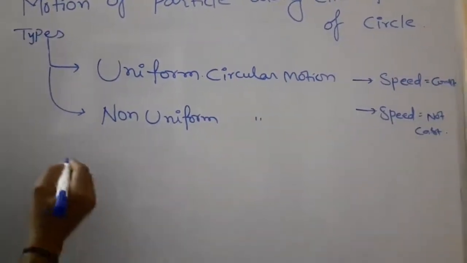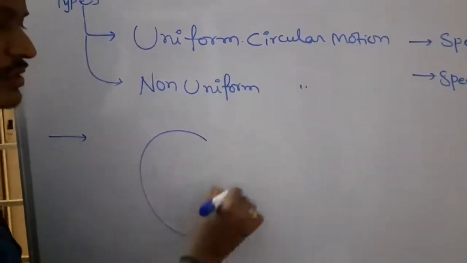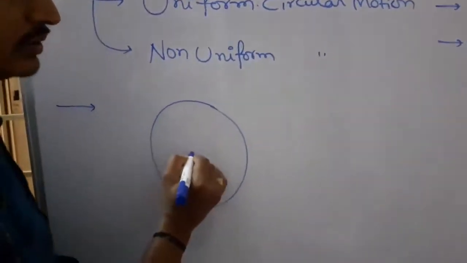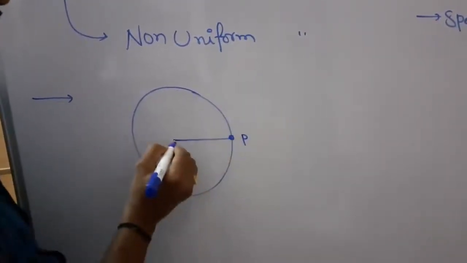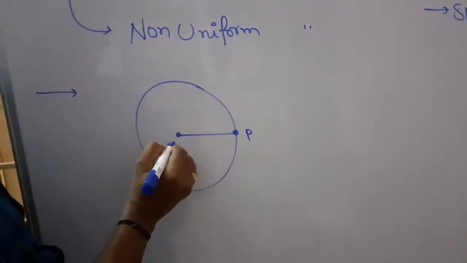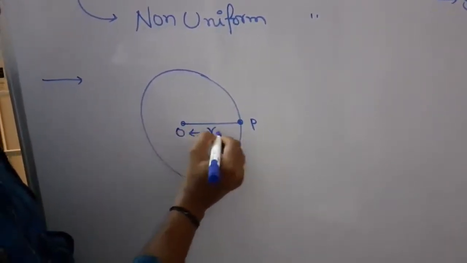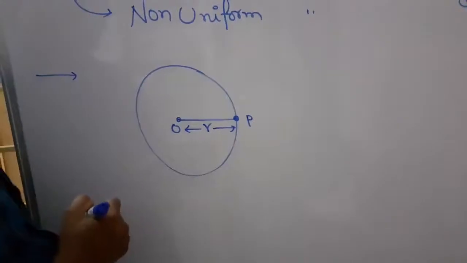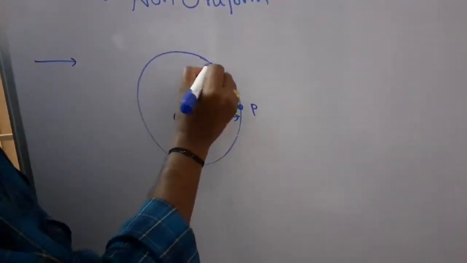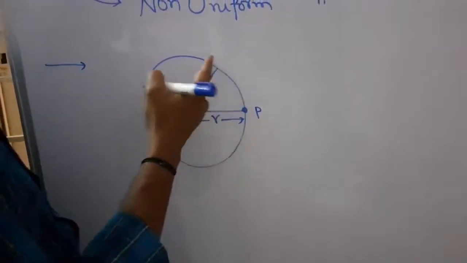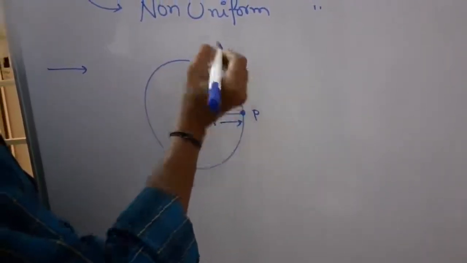Next, whenever a particle is moving along the circumference of a circle, we can consider this the particle's initial position, O is the origin, and R is the radius vector or position vector. The angle described by the rotating radius vector at the center is called angular displacement.